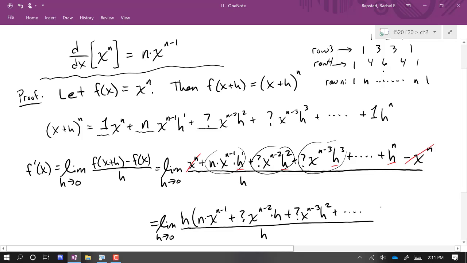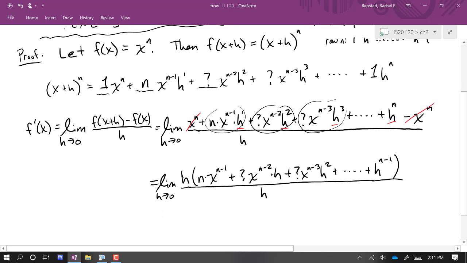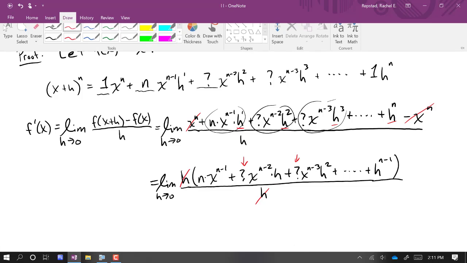And then some other terms, which I just know they all have factors of h in them, all the way down to h to the n minus 1, because I took out one factor of h. Now we're going to cancel the factor of h. And here's why we don't care: it doesn't bother us that we don't know those coefficients, because even after I factor out the h, those all still have a factor of h.